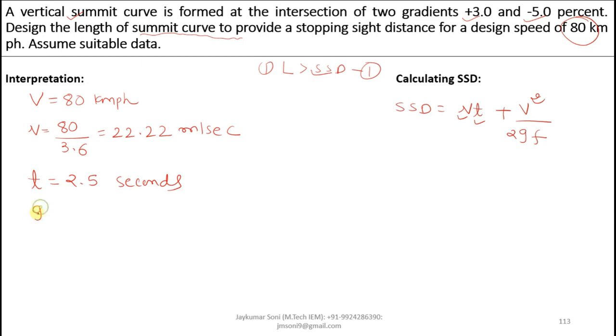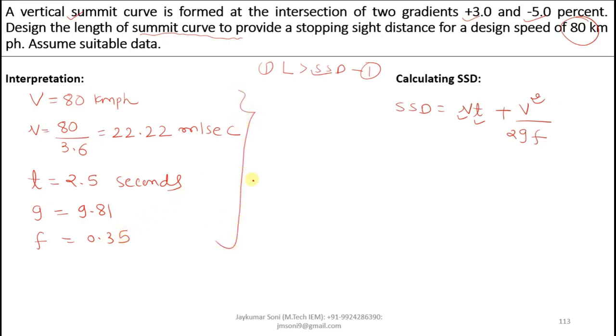Now we will consider the value of g as 9.81 meters per second square, and the value of f as 0.35.